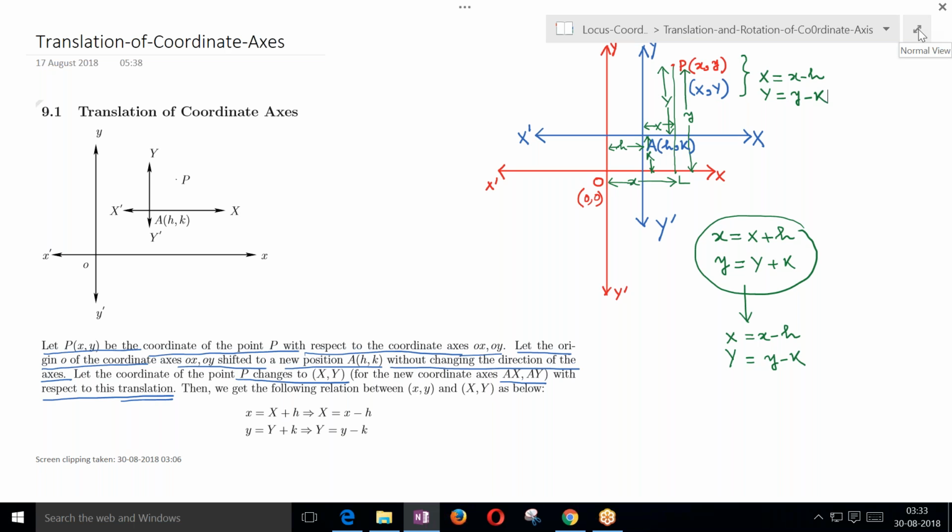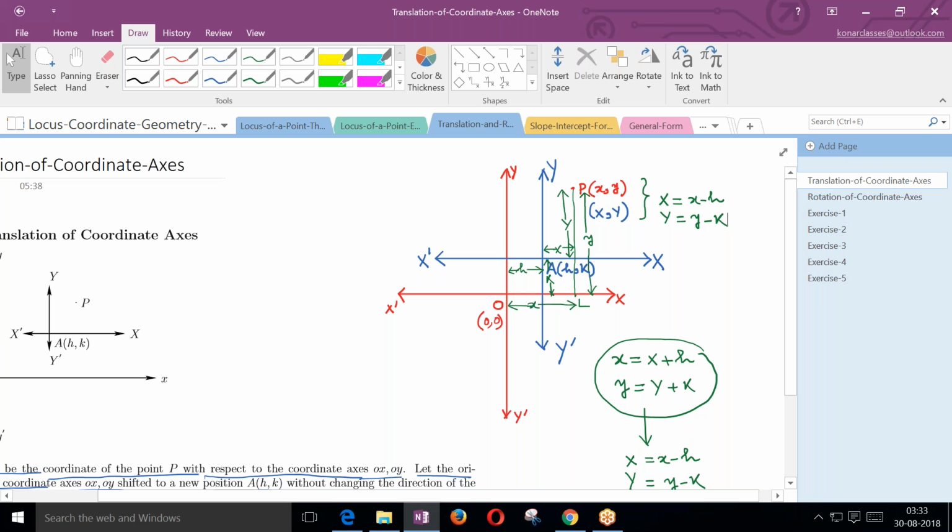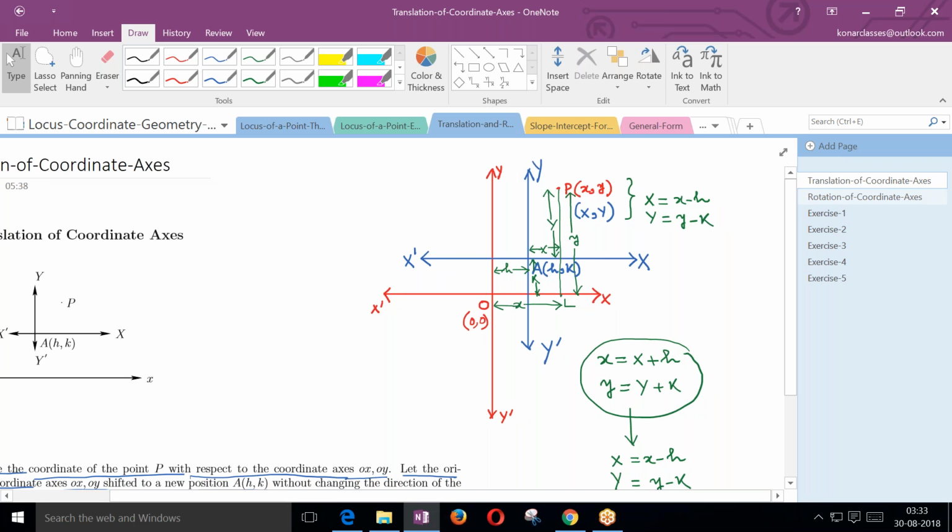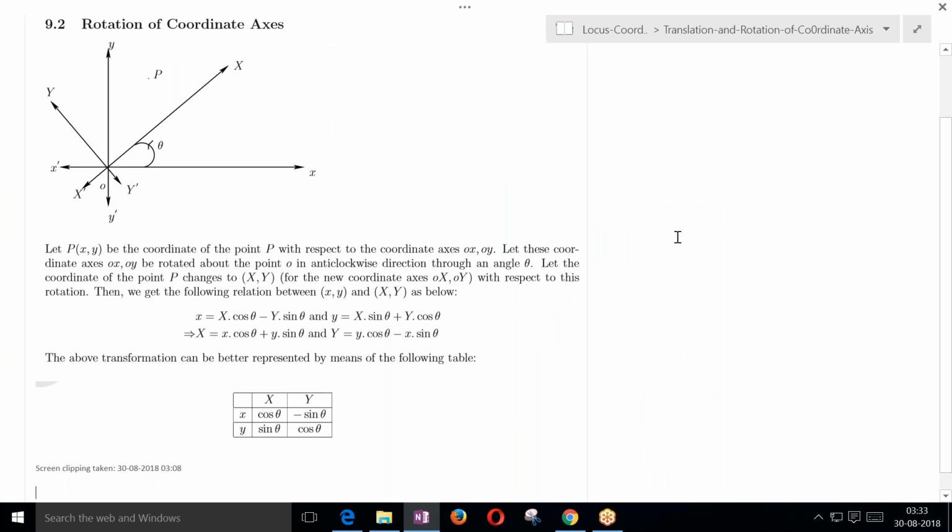Okay, now let us go to the next point, the rotation of the coordinate axis. What is rotation of the coordinate axis? It is something like this. Let P(x, y) be the coordinate of the point P with respect to the coordinate axis OX, OY.